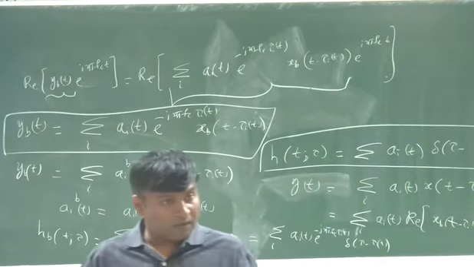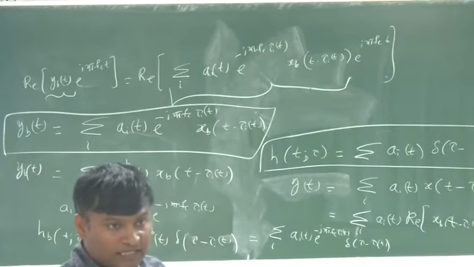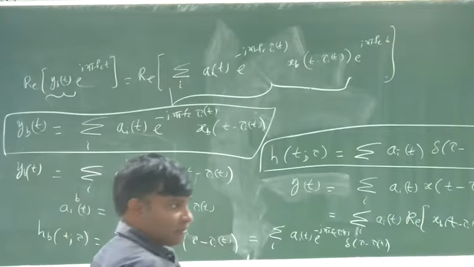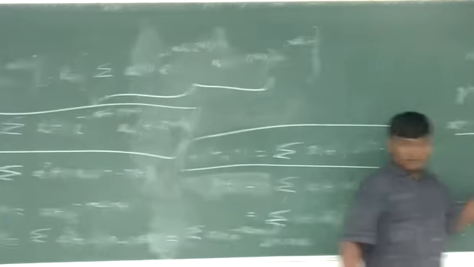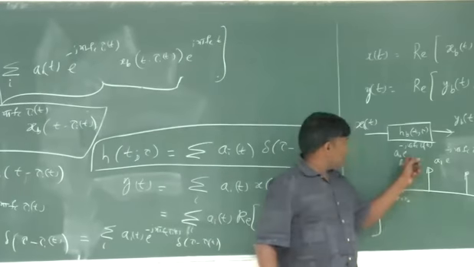So in the baseband form, the impulse response generally takes complex values, right?